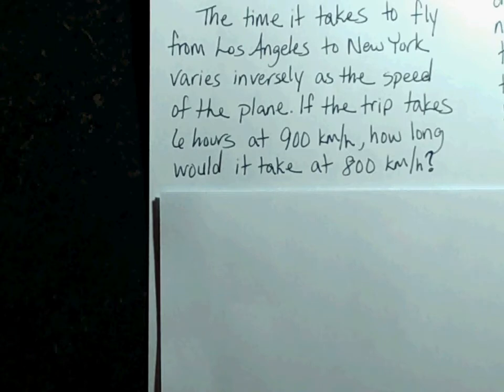But every problem is the same. The first thing you need to do is figure out if they're talking about inverse variation or direct variation. What does the problem say? Inversely. It says it varies inversely.